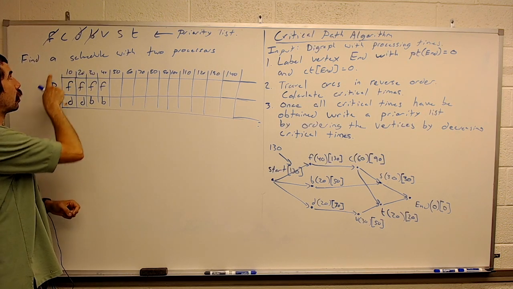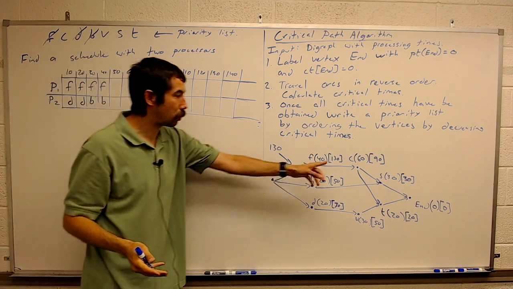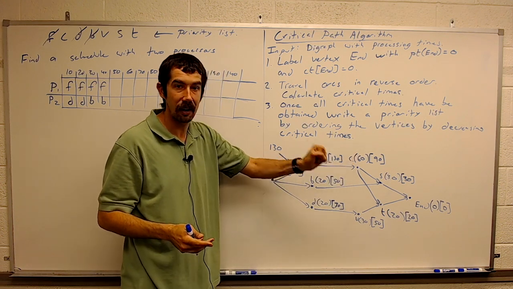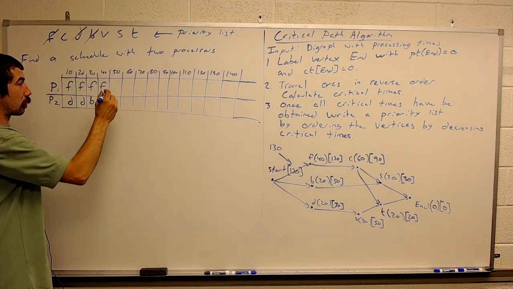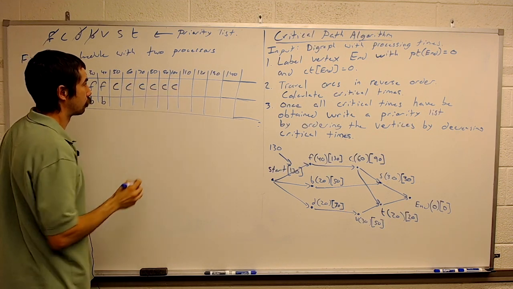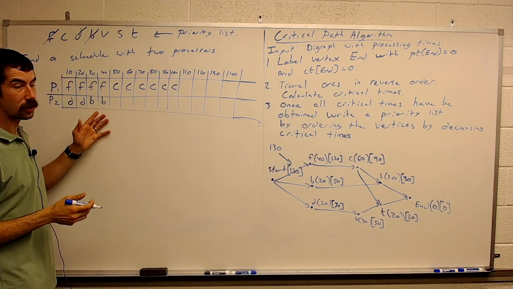Both processors are ready for their next task. So processor 1 gets task C. C is now eligible to be started, right? Because C needed F to be completed. Processor 1 will complete task C in 60 minutes. Now processor 2 is looking for their job.